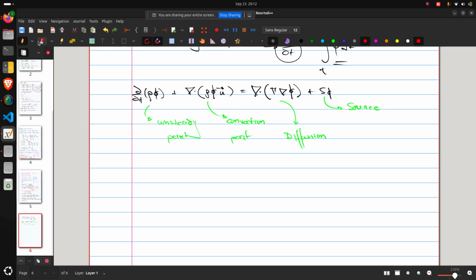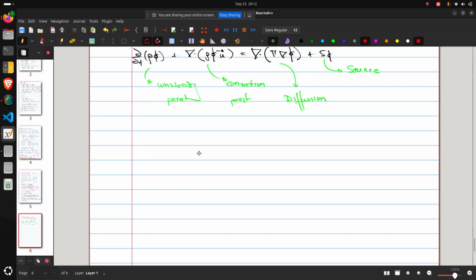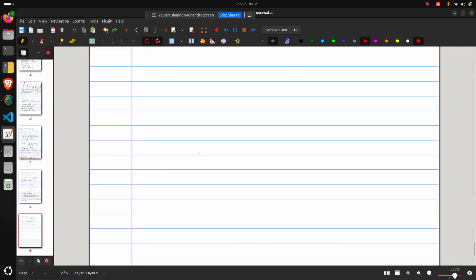Okay. So, let us now look at a 2D problem where we will have a source term, the diffusion term and the convective part as well, right. And we'll just leave out the unsteady term for now. So, let us construct a 2D domain.